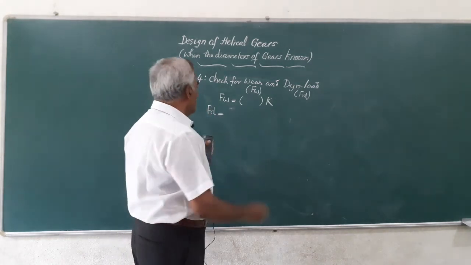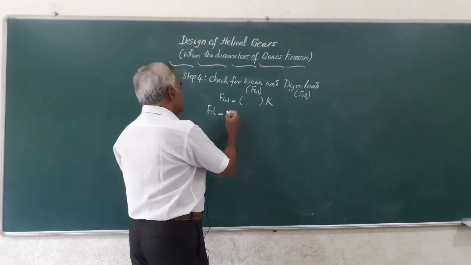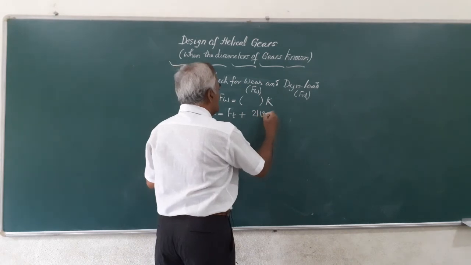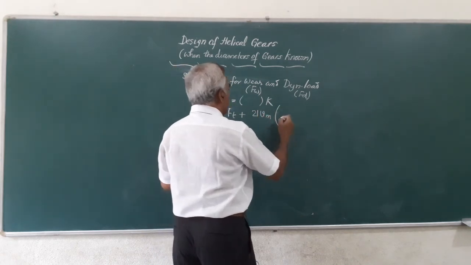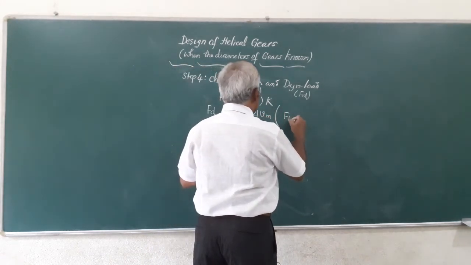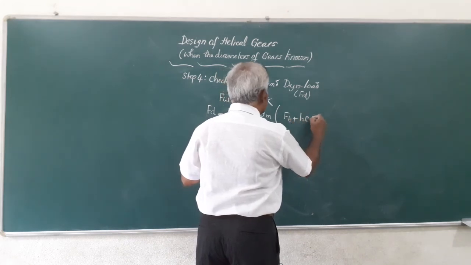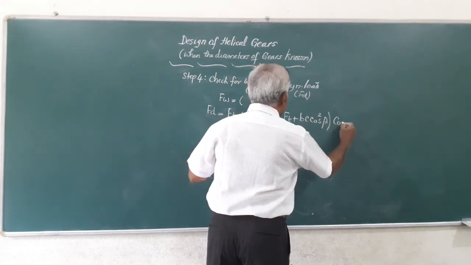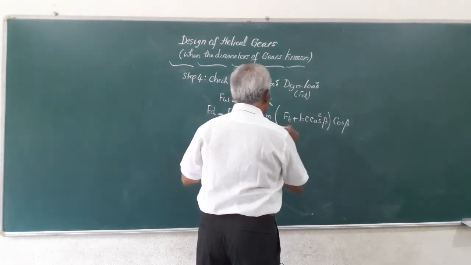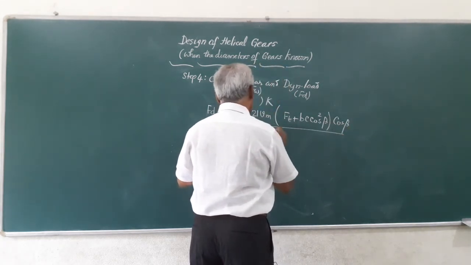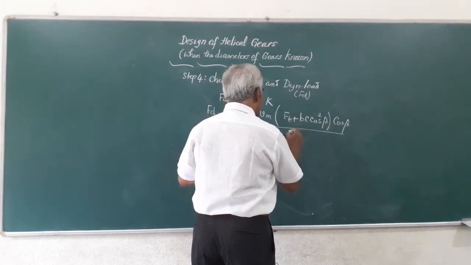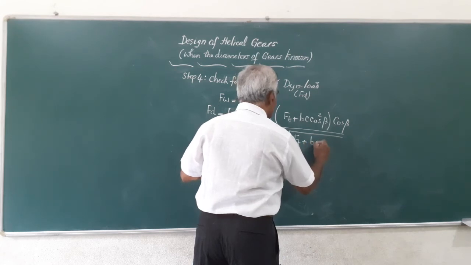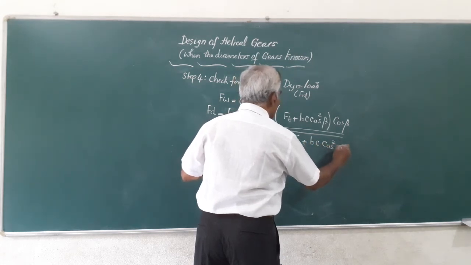For the dynamic load, if you refer to the data handbook, it says Fd is equal to Ft plus 21 Vm multiplied by Ft plus Bc cos square beta into cos beta divided by 21 Vm plus square root of Ft plus Bc cos square beta.